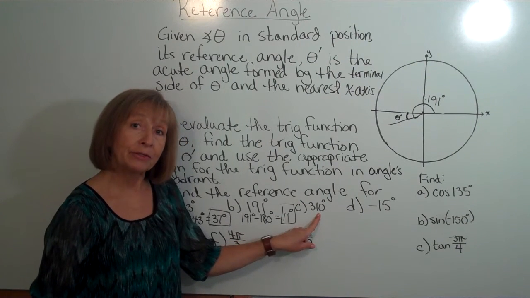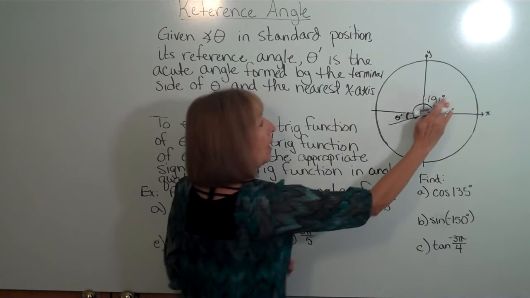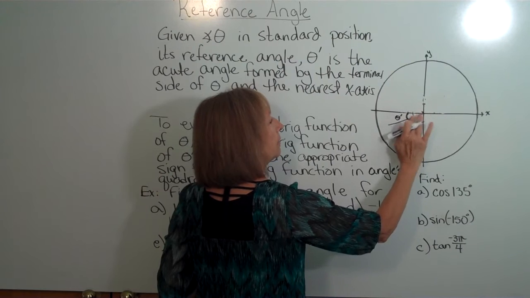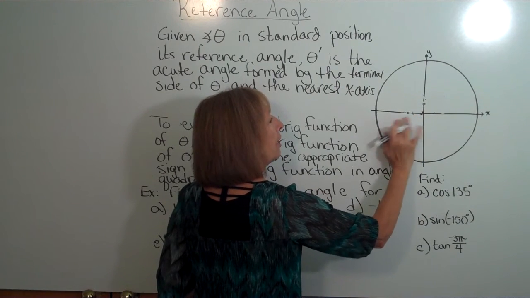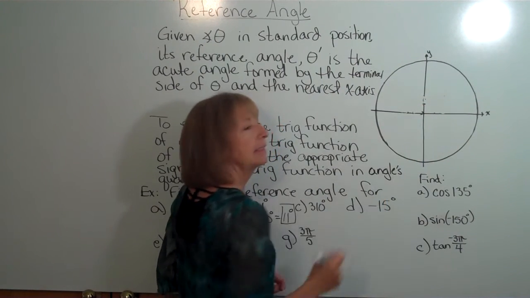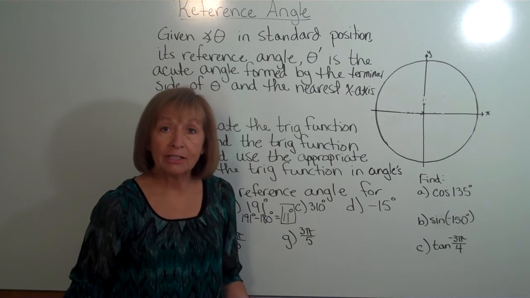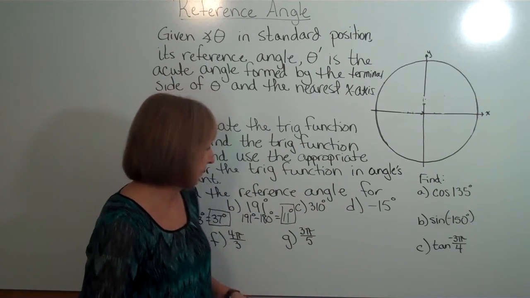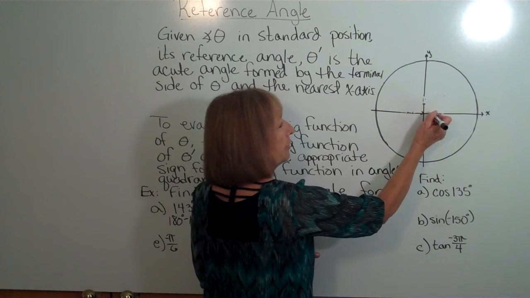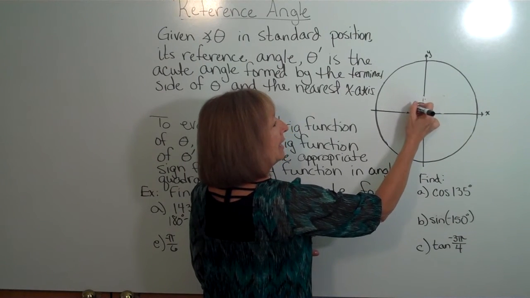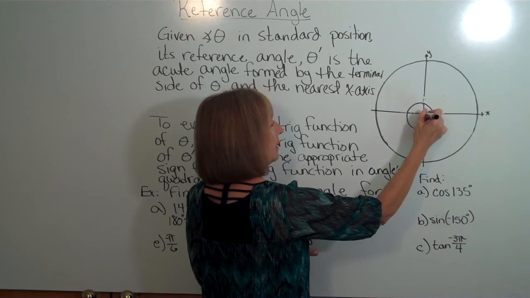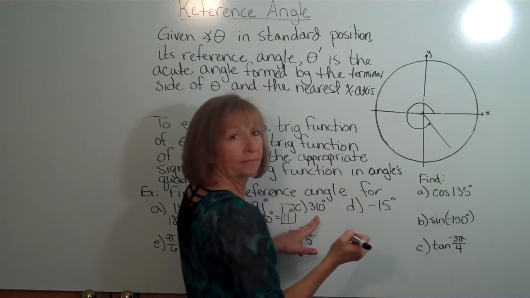Alright, how about 310 degrees? Well, again, it's a positive angle, so we're going to go up and around. And 310 degrees is beyond 270 degrees, but not quite to 360. So for 310 degrees, we're going to pass the 90, pass the 180, pass the 270, and get to about right there.